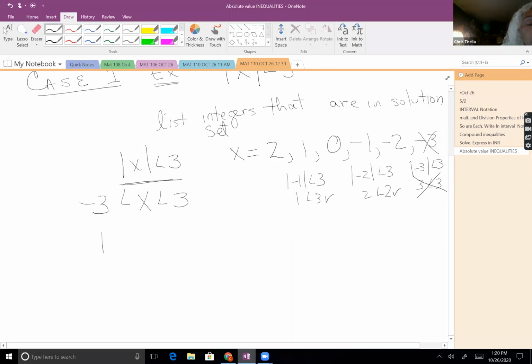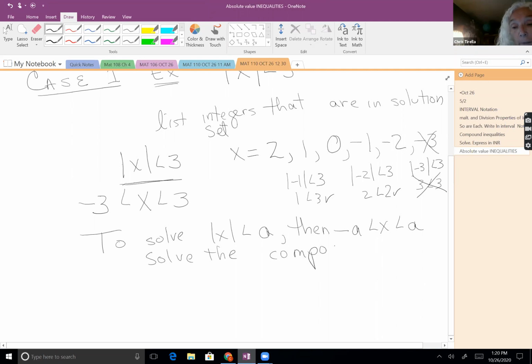And so first case, to solve, the absolute value of x is less than some value a, then I know that -a is less than x is less than a, and I have to solve the compound inequality. Does that make sense?